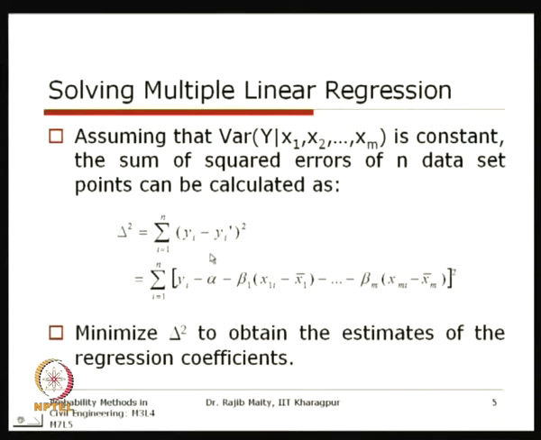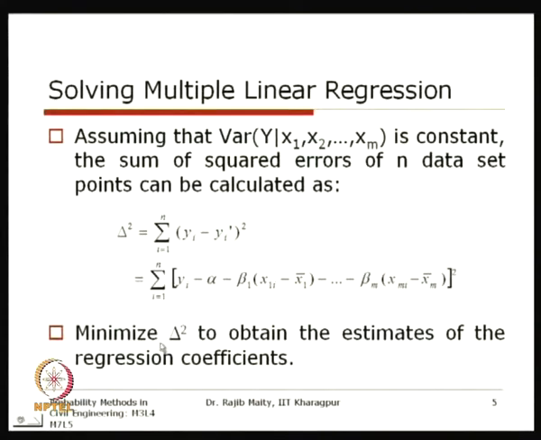This quantity gives the sum of square error. Now, if we replace y i prime, it will come as alpha minus beta 1 into x1 i minus x1 bar, minus beta 2 into x2 i minus x2 bar, and so on up to beta m into xm i minus xm bar, and the whole quantity squared. So, this will give you the sum of square error.